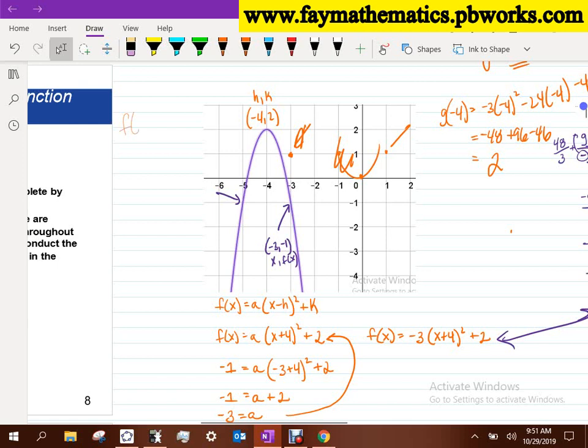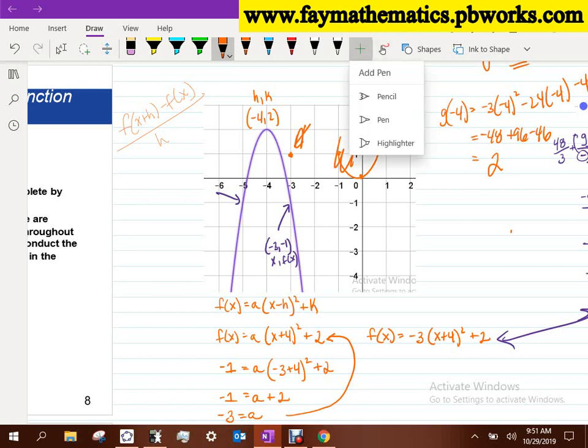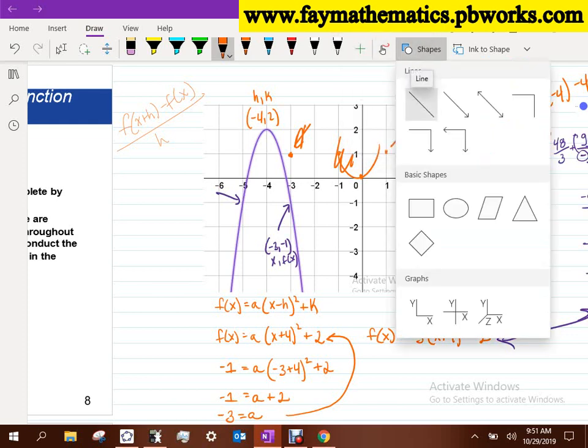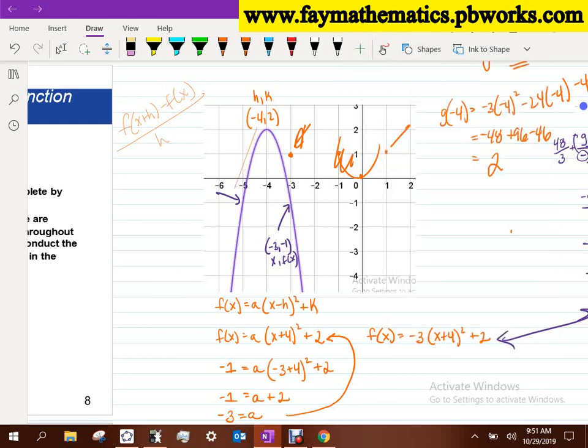I gave you this formula, f(x + h) - f(x), all over h. Remember that? That's called the difference quotient. And we talked about that being slope. That's a formula that provides a slope. Well, slope on a parabola changes. So what we're thinking about here, guys, is that if I take maybe that line right there, terrible.